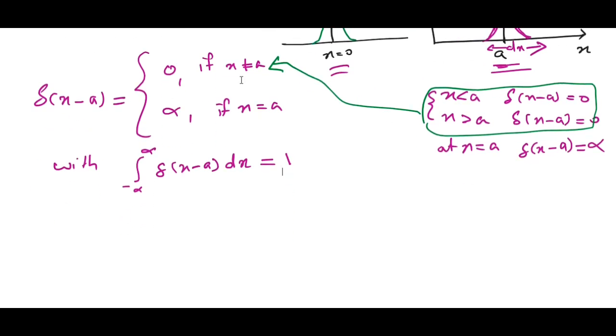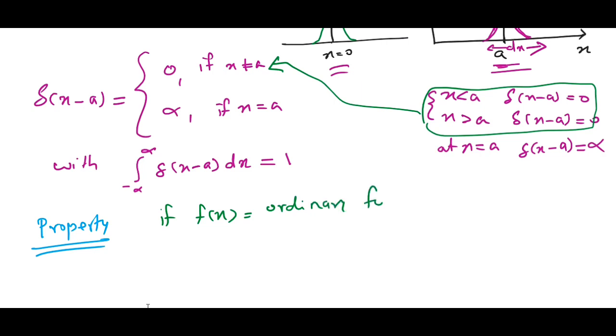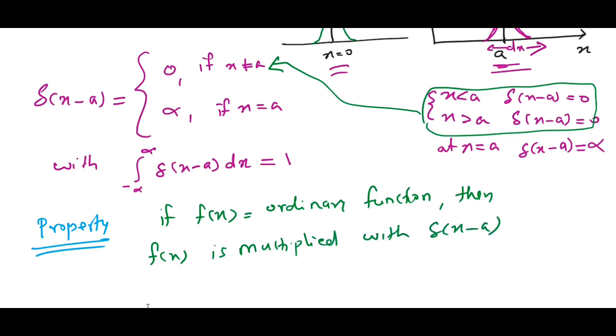Okay, now there is one property of this delta function. That property is very important. What is that property? If f of x is an ordinary function, then f of x is multiplied with delta x minus a.